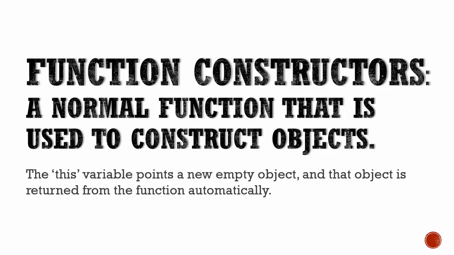And that object is returned from the function automatically when the function finishes execution. All right, so that's function constructors, used for constructing objects. Really, the new operator makes the new object, and function constructors are used for adding properties and methods to that new object.